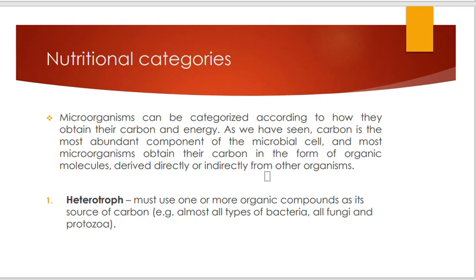Not only is carbon the most abundant component in the microbial cell, it is also the most important molecule, where microorganisms obtain their carbon in the form of organic molecules that can be derived either directly or indirectly from other microorganisms.